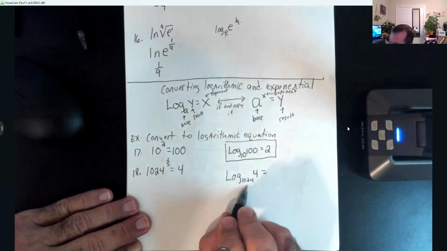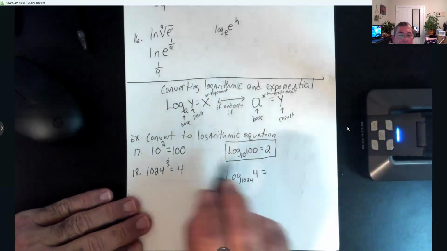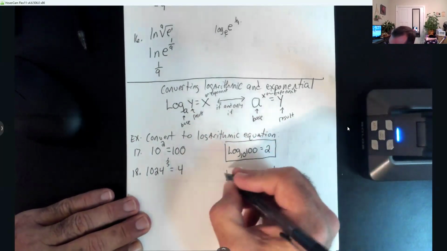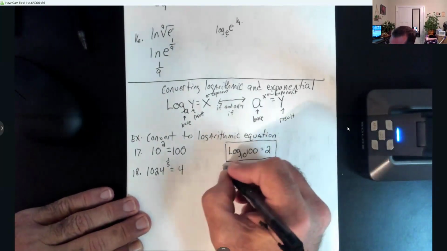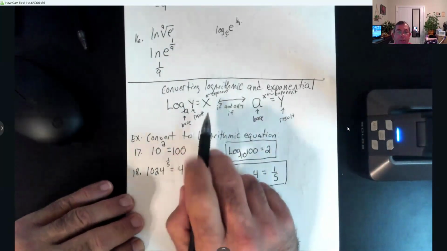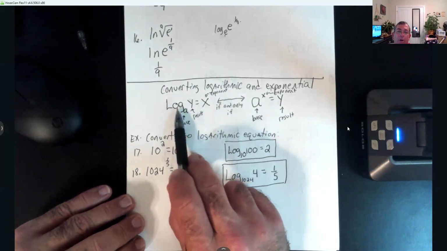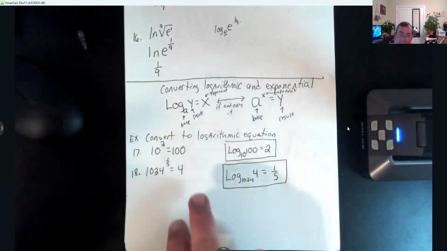And log base 1024 of 4 gives me an exponent of 1/5. So y'all, I'm just following this exponential and putting everything where it needs to go in log form, okay?